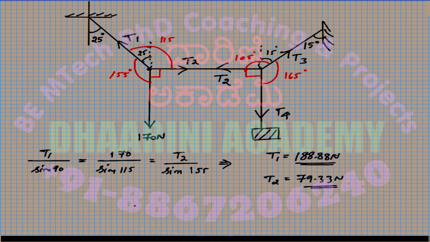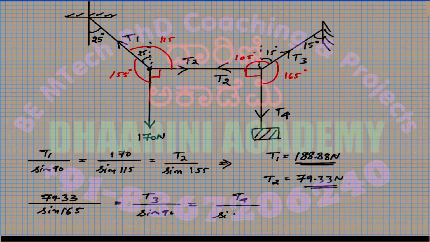So now for the second system, T2's value is known, so directly we'll write that. So 79.33 divided by sine of 165 degrees should be equal to T3 divided by sine of 90, that is also equal to T4 divided by sine 105 degrees.